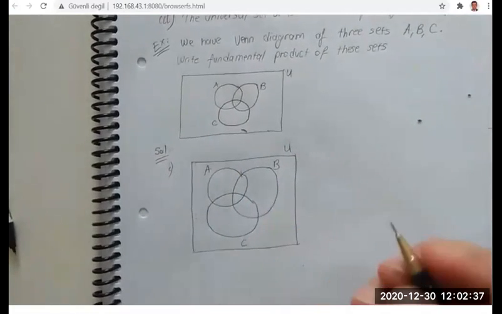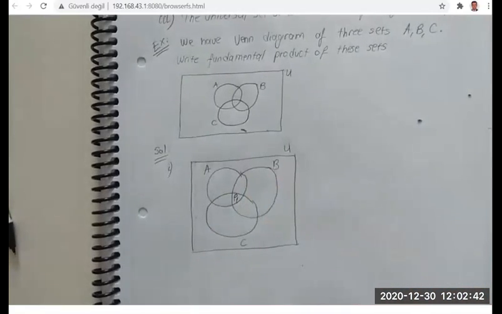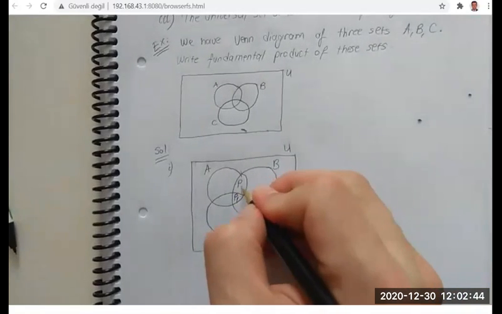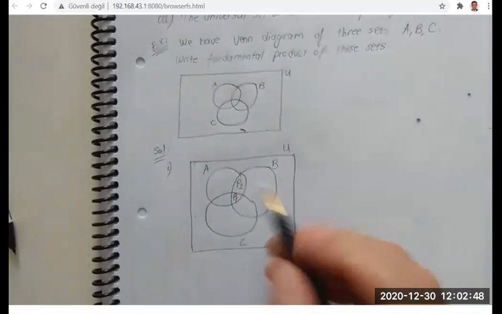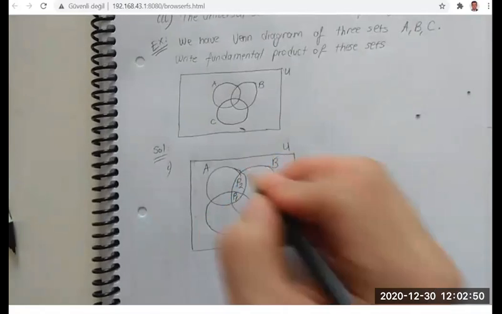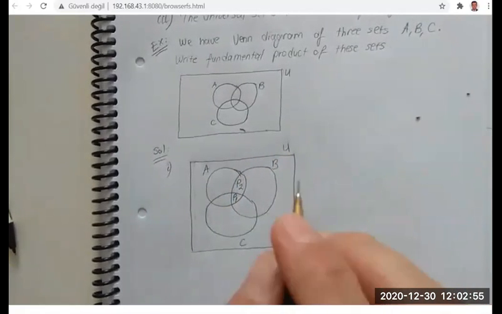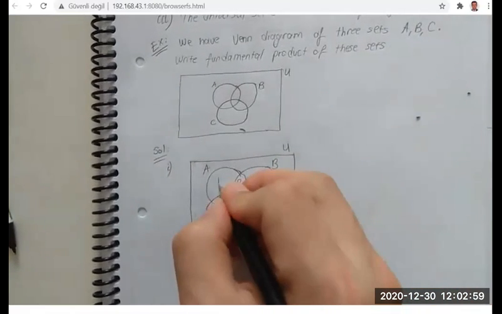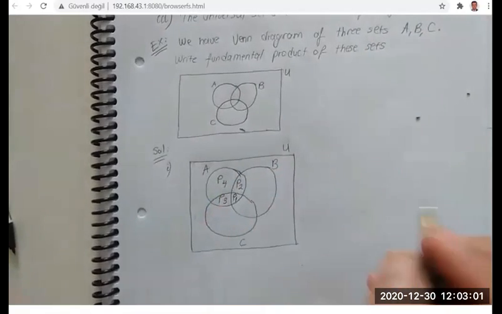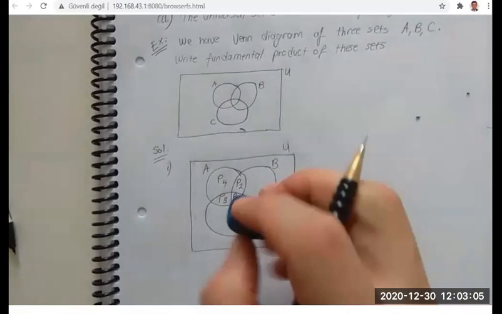So there are the products P1, P2 here. P1, P2 is covering that area, and P3 is here, P4, 5, 6, no, that is here.